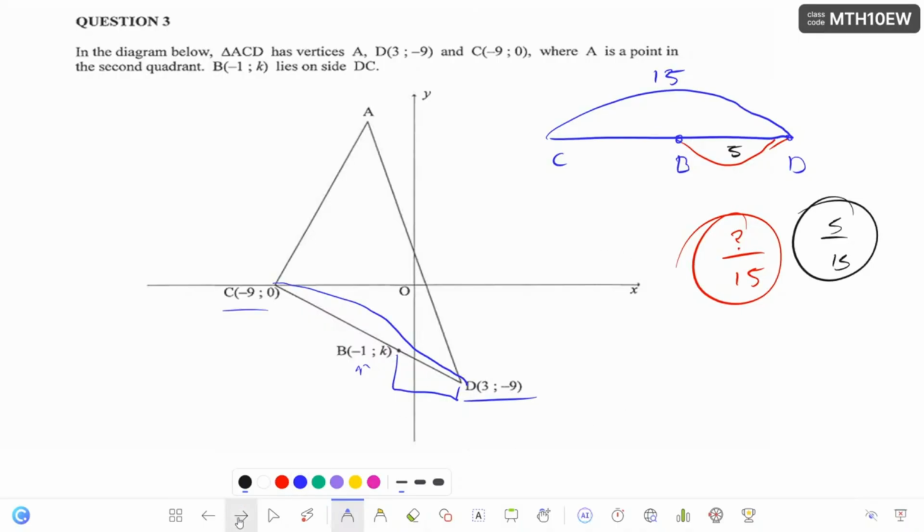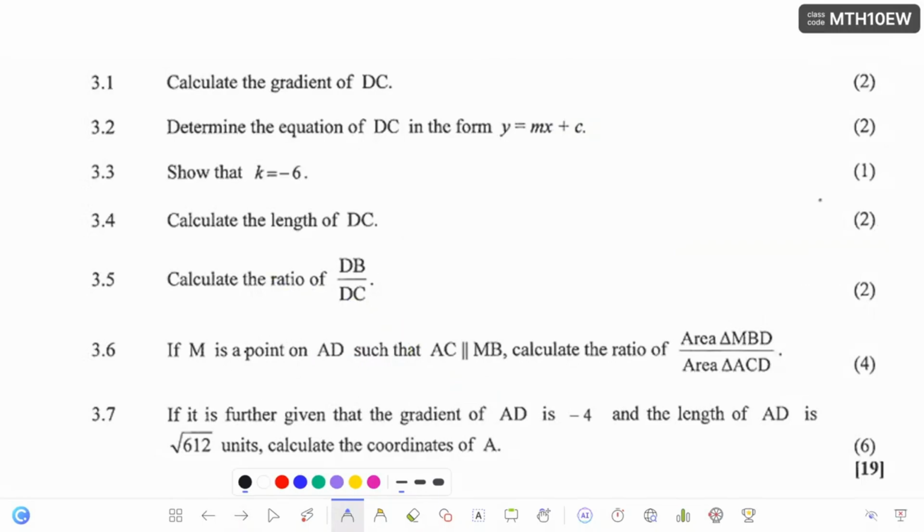So moving to the next question: if M is a point on AD such that AC is parallel to MB, calculate the ratio of the area of triangle MBD and the area of triangle ACD.